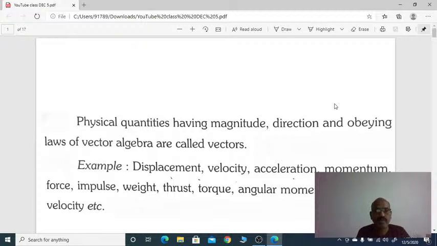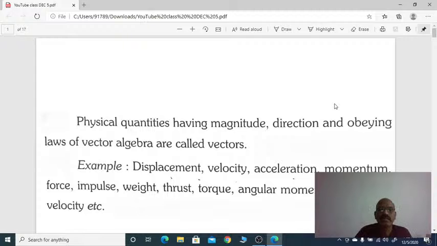So today we are going to discuss vectors. In that, particularly we are going to discuss multiplication of vectors. As you all know, the physical quantities having magnitude and direction that obey the laws of vector algebra are called vectors, we all know, right?